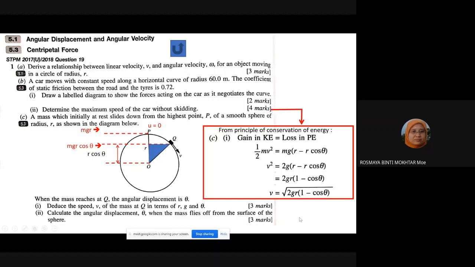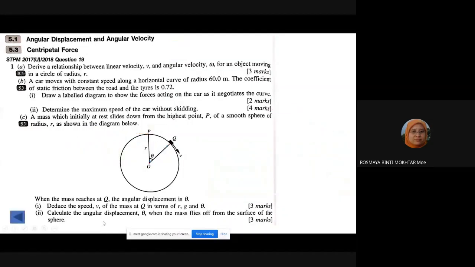Okay, good. Silent means understood, right? So we go to question C2. Calculate the angular displacement theta when the mass flies off from the surface of the sphere.